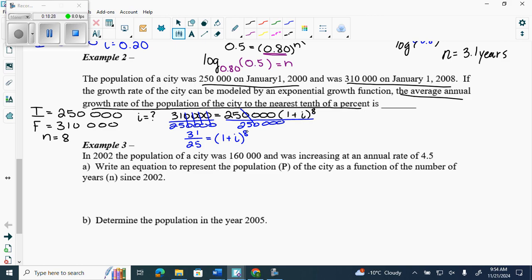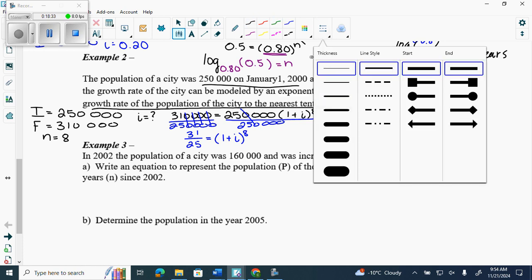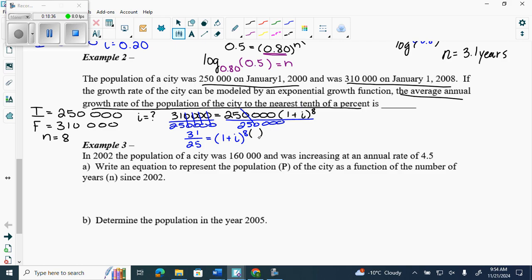What I ultimately want is for this 8 up here to become a 1, correct? If it's a 1, it goes away. So instead of taking the 8th root, what could I multiply 8 by to get this to become a 1? 1/8. Don't write this, we're just paying attention. How can I raise that to the power of 1/8 when I know I could just 8th root it?